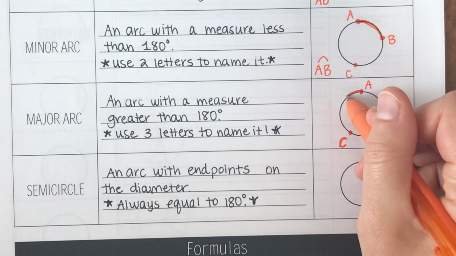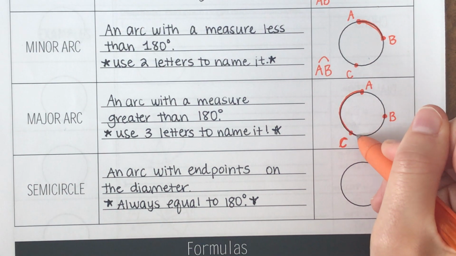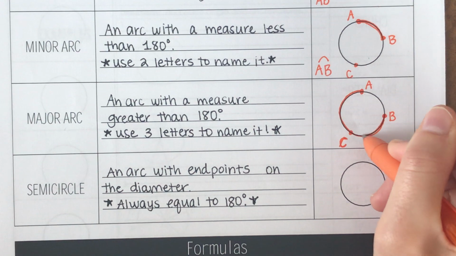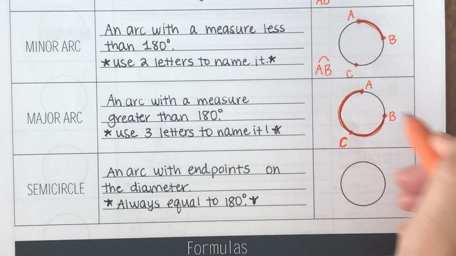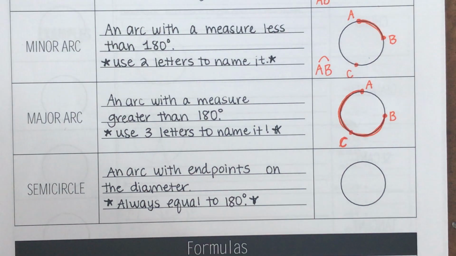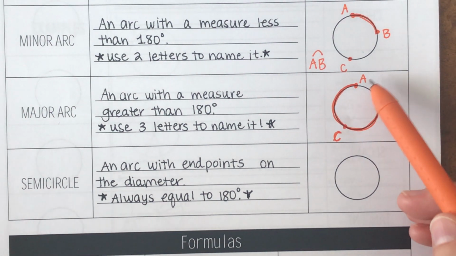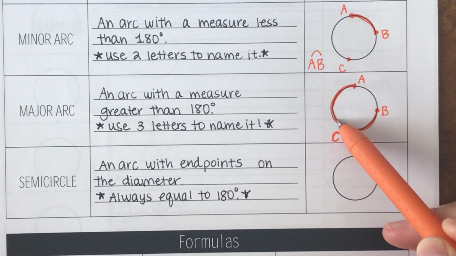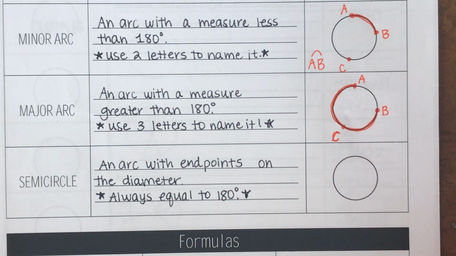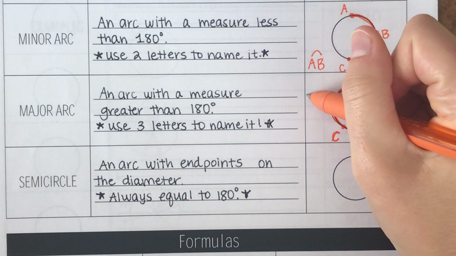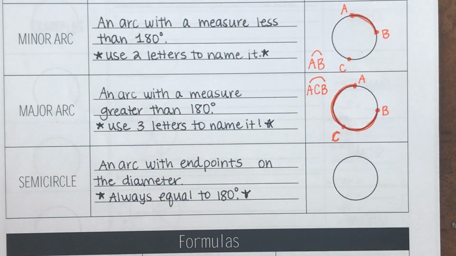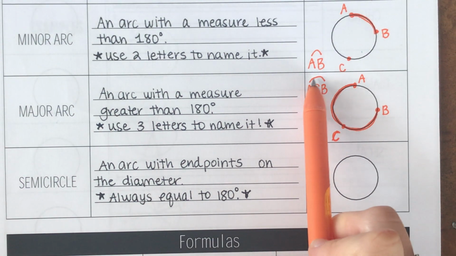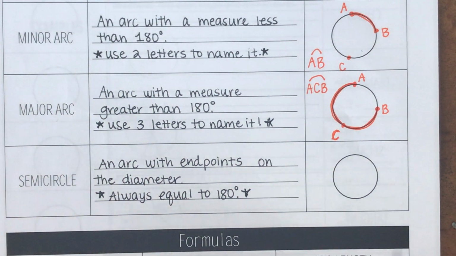I go from A through C all the way to B, and you can see how that's much bigger. When I name that, I name it in the order that I go. I started at A, I went through C, and I ended at B. So I'm going to call this arc ACB. It's a major arc, and I put the arc symbol on top of it.